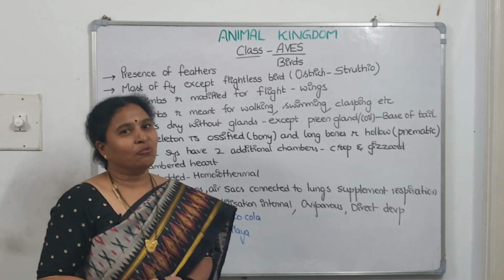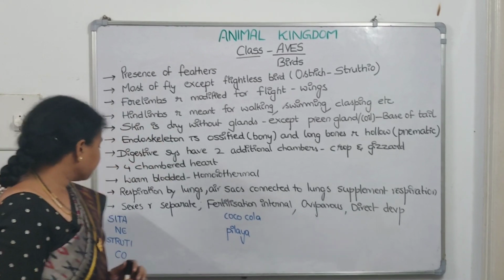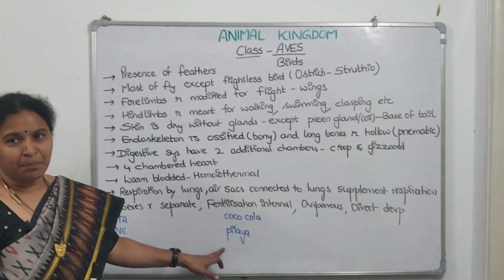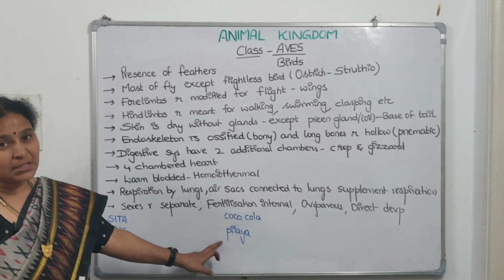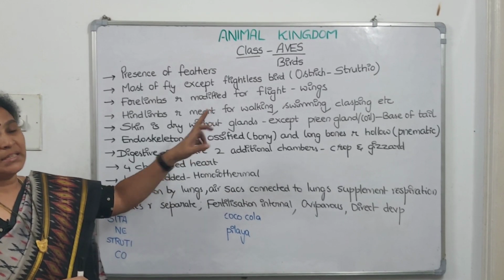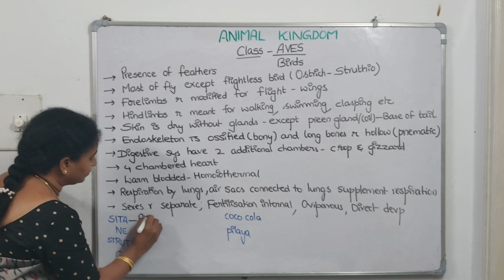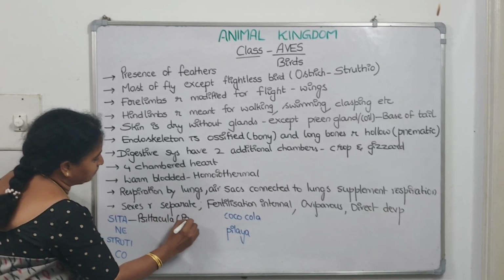Now, what's the code to memorize the examples of Aves? The code which I have made is "Sita ne Shruti ko Coca-Cola pilaya." With this small code, we can write all the examples of Aves. Sita means Psittacula, which is parrot.